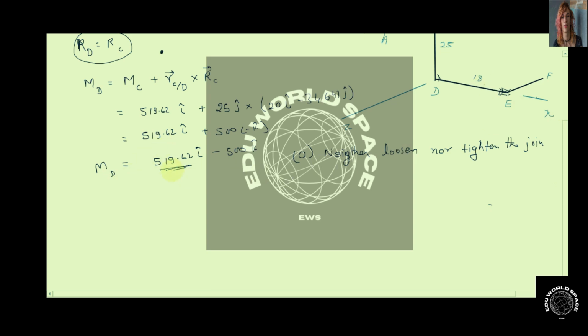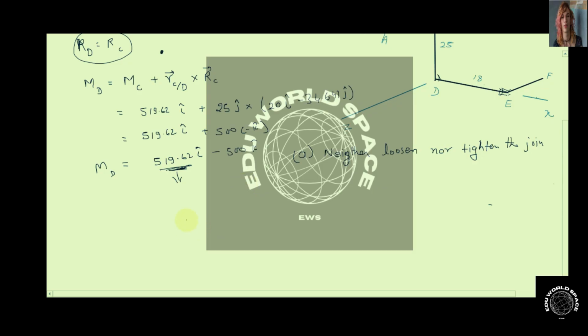Now if we see the moment about point D, it has a positive i cap component. In the problem it is mentioned that all the elbows and pipes are right-handed.